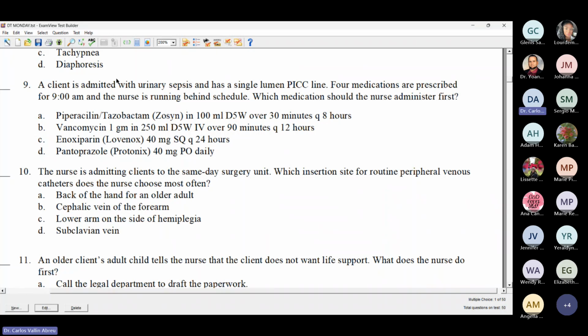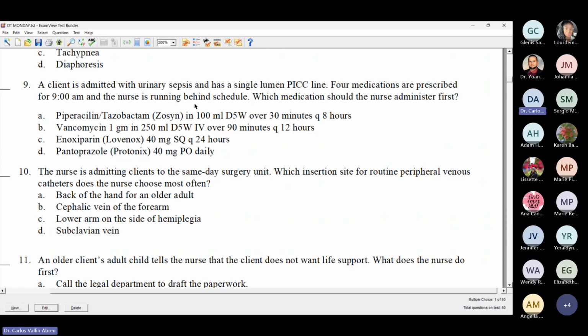Next, a client is admitted with urinary sepsis, important, sepsis, and has a single lumen peripherally inserted central catheter line. Okay, the scenario is forcing me that for A, B, or C reason, I have only one catheter, a PICC line.